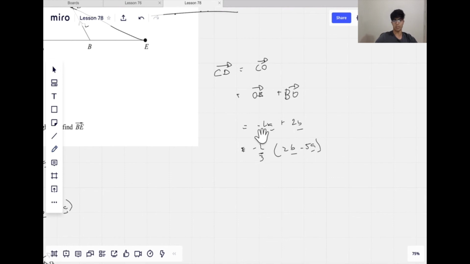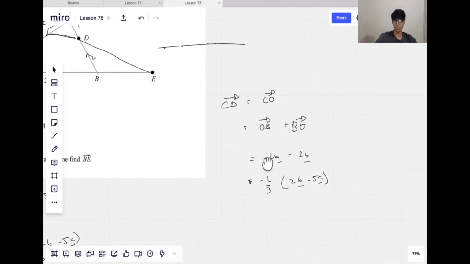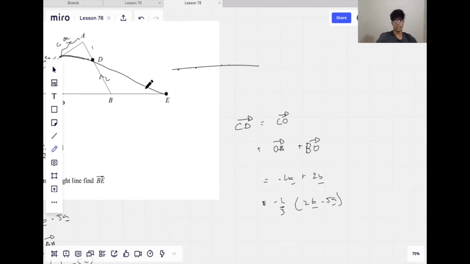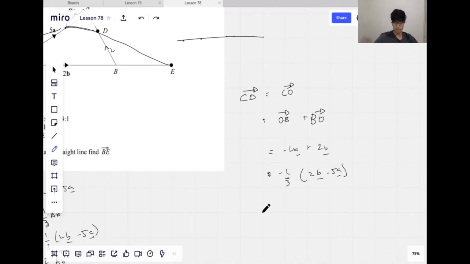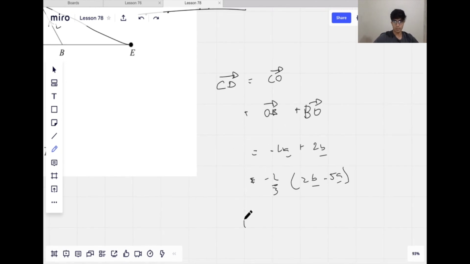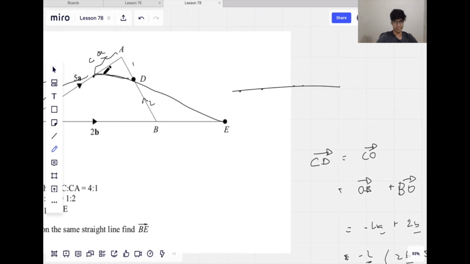Sometimes it's worthwhile simplifying. Right now, since we don't know exactly how we need to do it, we can take a minute and not necessarily simplify. And we also know that DE is parallel to CD. Actually, sorry, I realized that was a bit of a silly way of finding C to D. We can just go along this and that, which is another way.